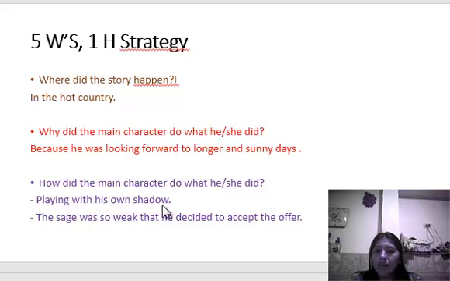Playing with his own shadow. And the sage was so weak that he decided to accept the offer. Here I have written two important facts which give me a general idea of how things are happening.